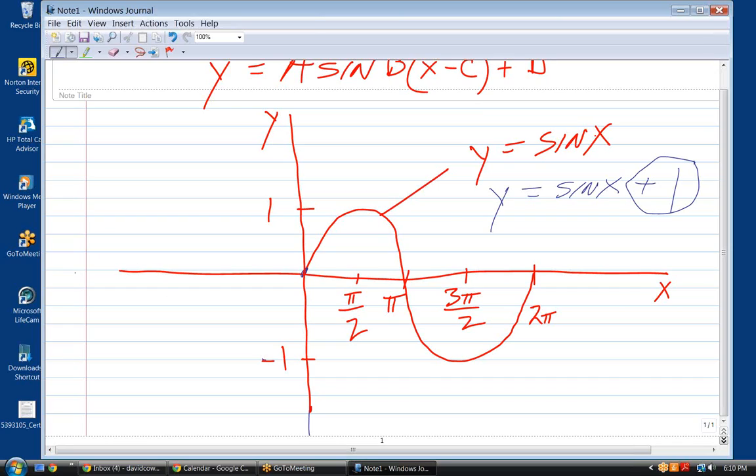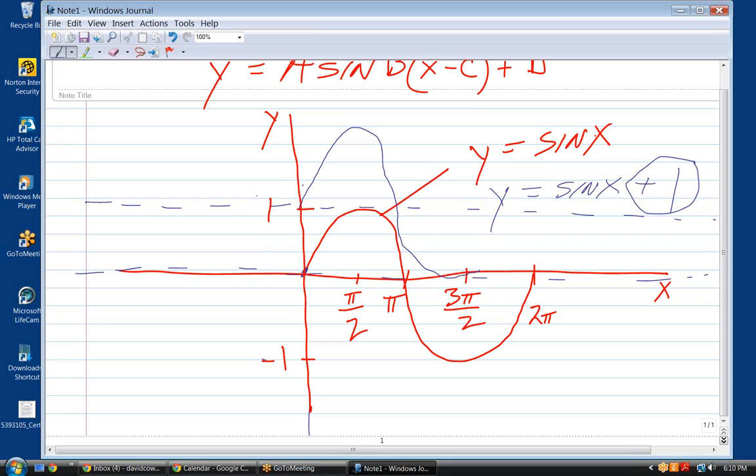Well, currently I have a line of symmetry running down the x-axis. So all I do is make my line of symmetry go up 1 and graph it around that. So now I'm going to go up to 2 at the quarter point, come back down through the line of symmetry, go down to 0.